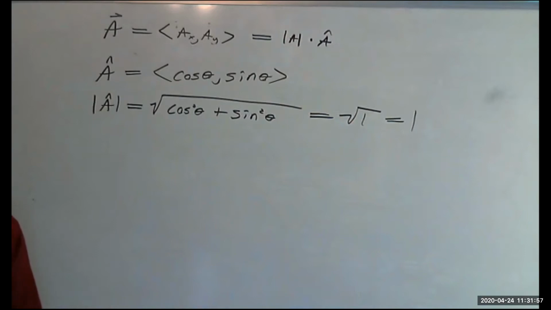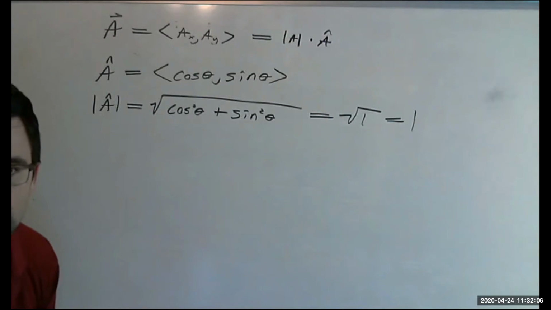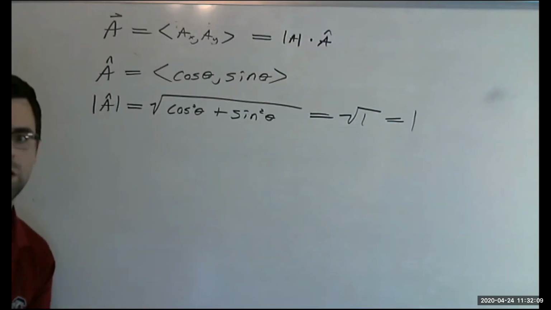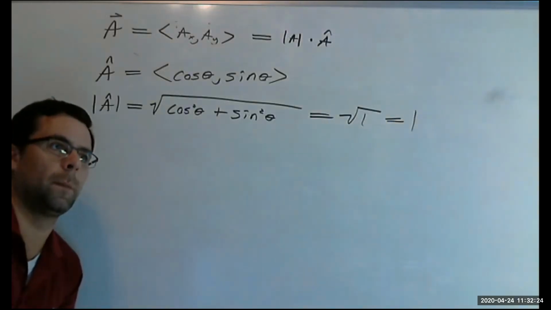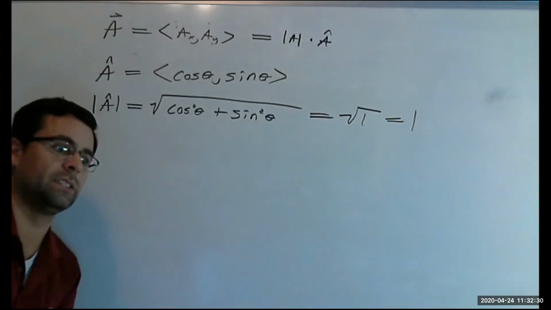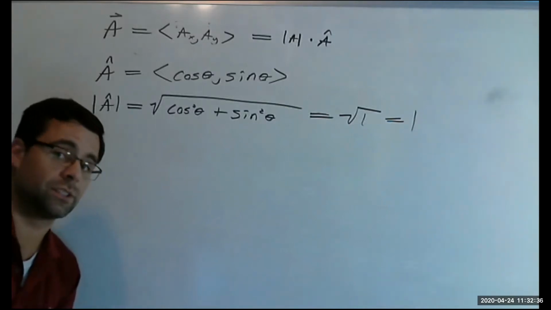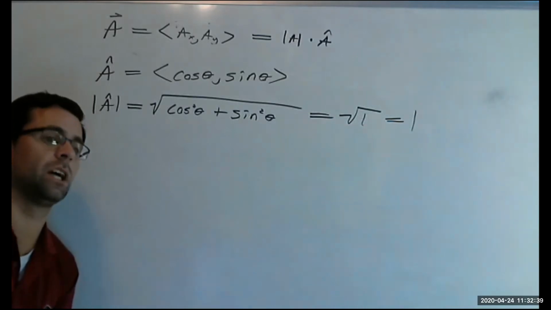So let's see. Not really going to have enough time to finish up what I wanted to, so just know that we did scalar multiplication, but there is a different kind of vector multiplication where you multiply two vectors together, and that's going to come up.